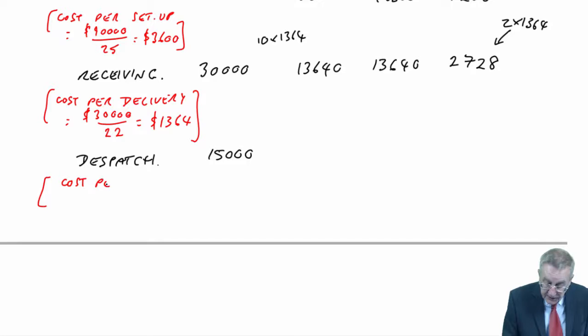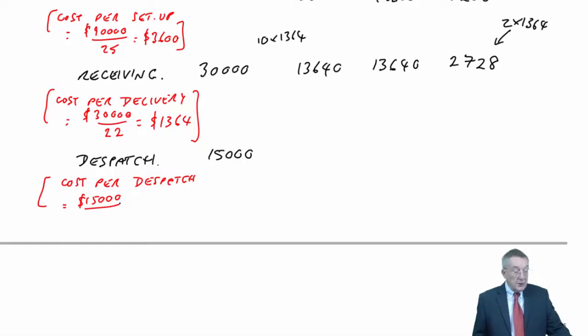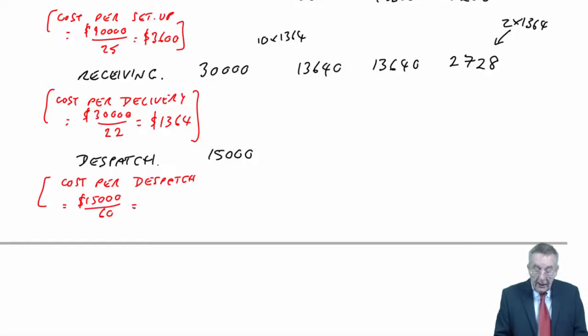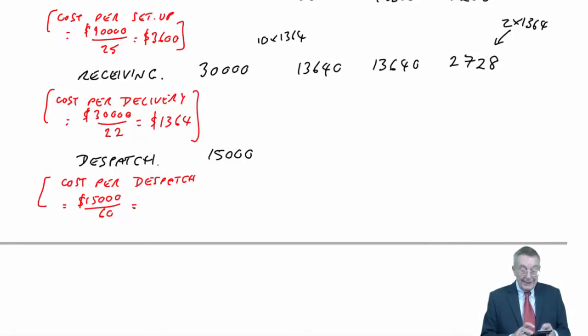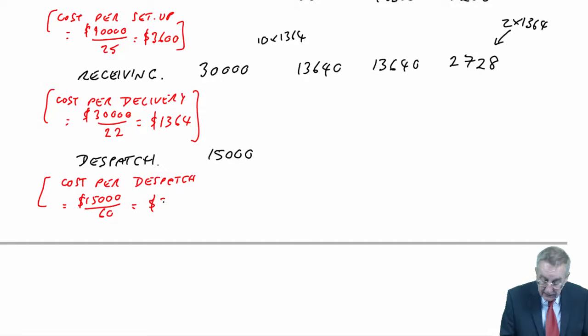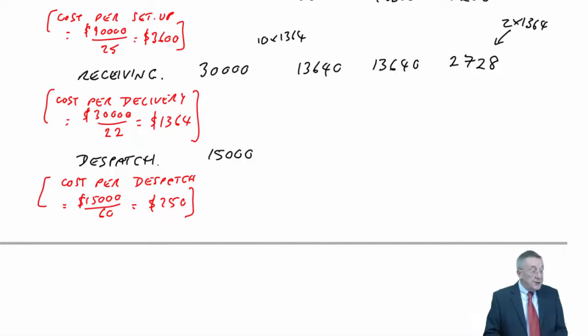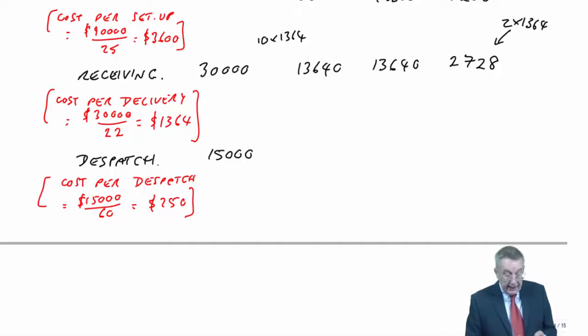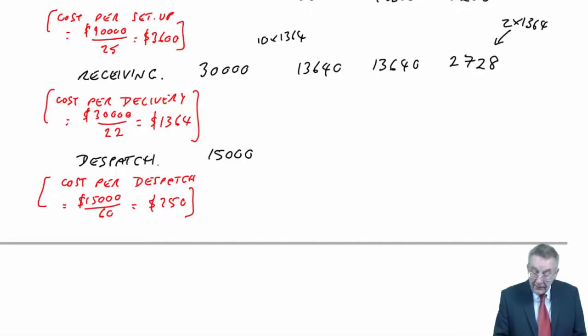So the cost per dispatch: 15,000 divided by the total number of dispatches, 60, and so the cost per dispatch is 250. And charging it to the products, 20 each time, 20 at 250, it'll be 5,000 in total to each product.